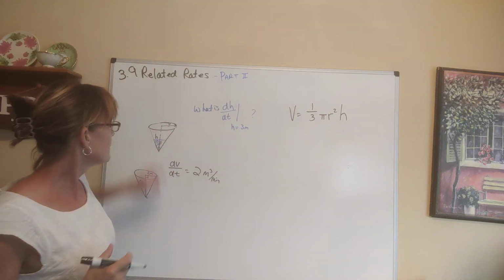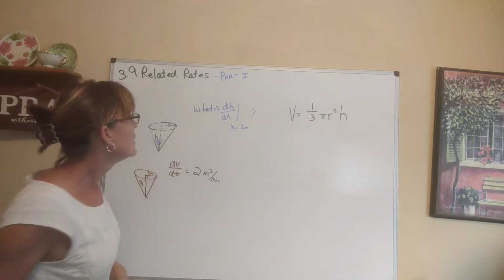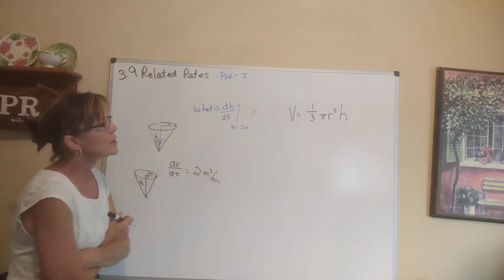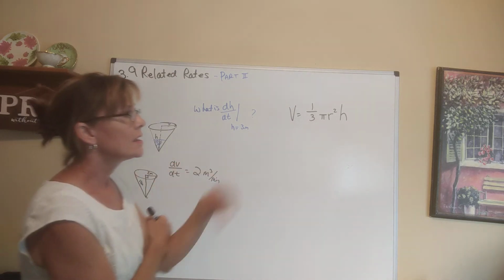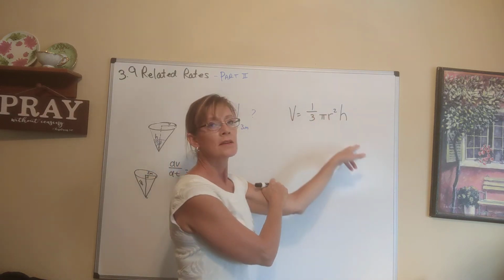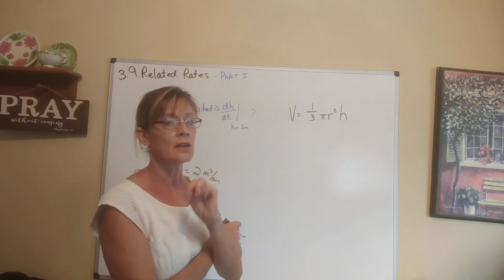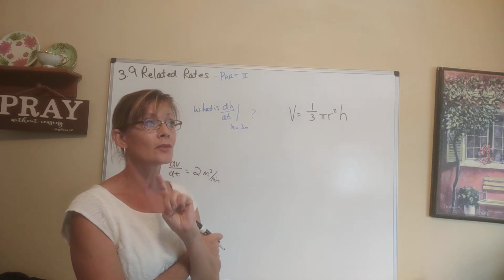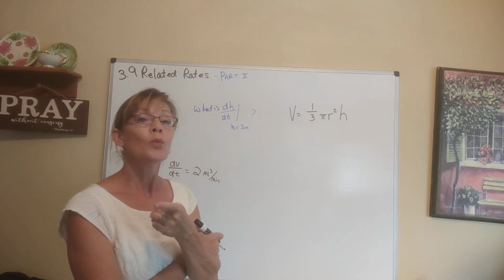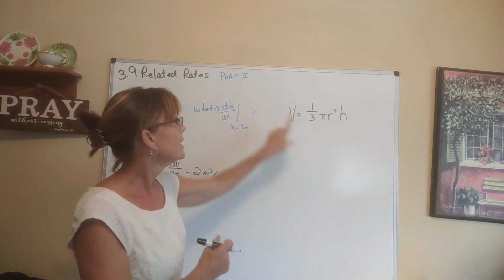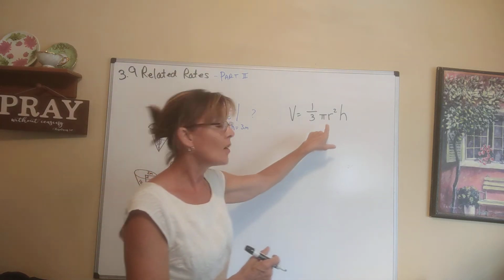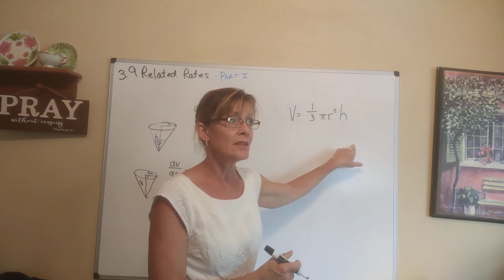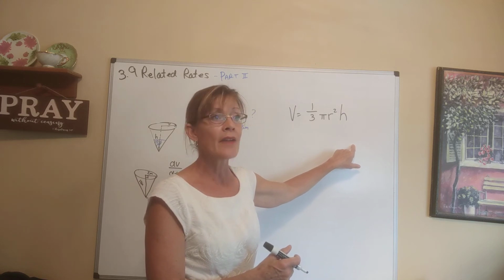We have this height because it's not just a ball. So the situation here is volume, radius, height. We've got 3 variables going on. So if we were to, at this point, take the derivative with respect to time, we would have to deal with dV/dt, dR/dt, and dH/dt, which is an awful lot to have to handle.